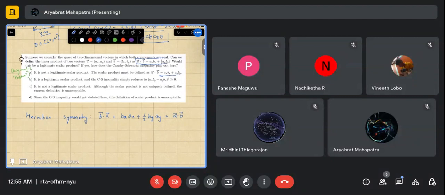So this gives you Hermitian symmetry. For linearity, I define C dotted with alpha A plus beta B, that means Cx times alpha Ax plus beta Bx, plus half of Cy times alpha Ay plus beta By.